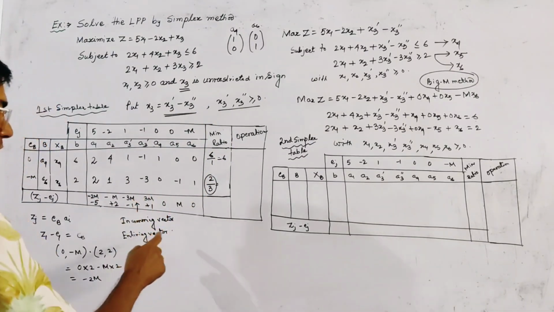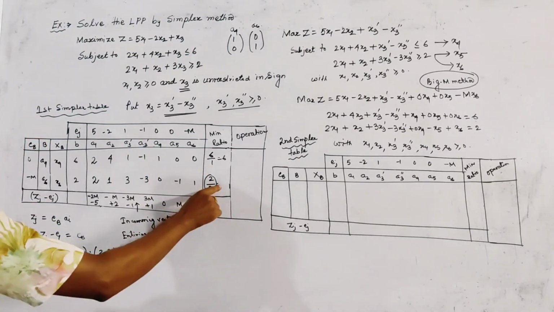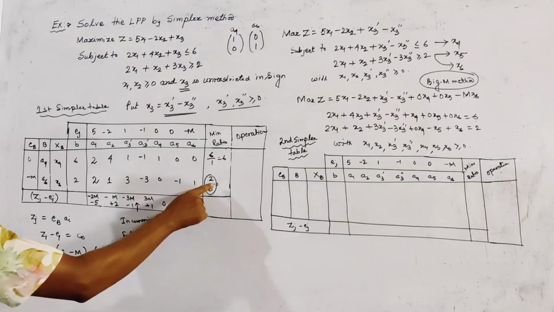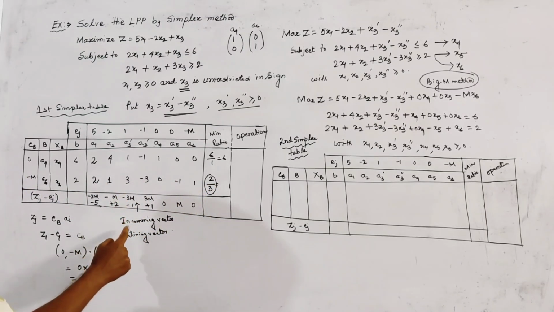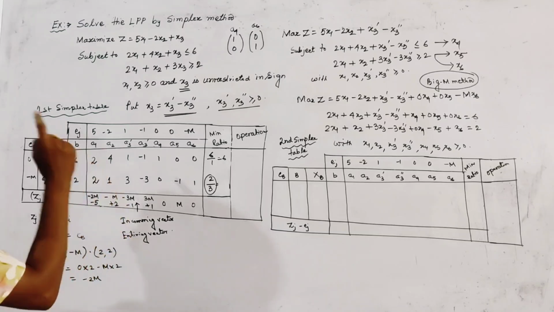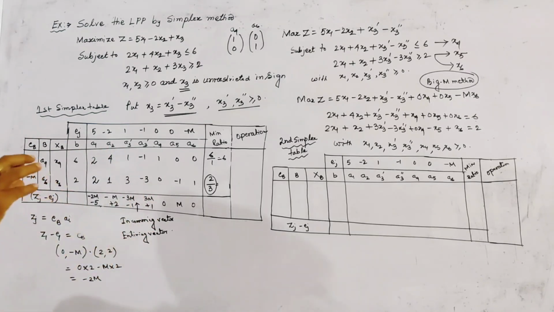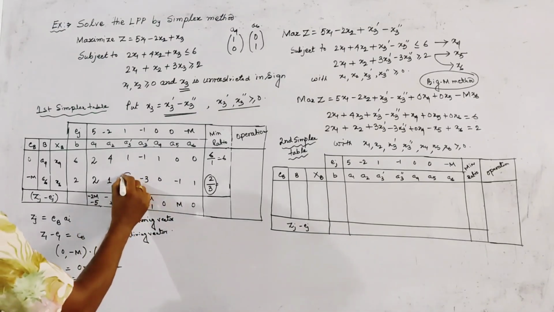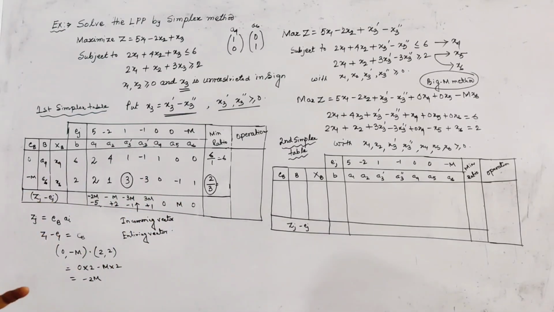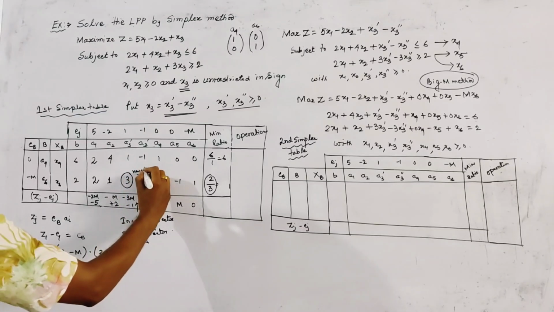Now the row in which the min ratio occurs, that is the second row, this is the key row, and the column of the entering vector is the key column. Okay, and the element at the intersection of the key row and key column, that is 3, is said to be the key element.